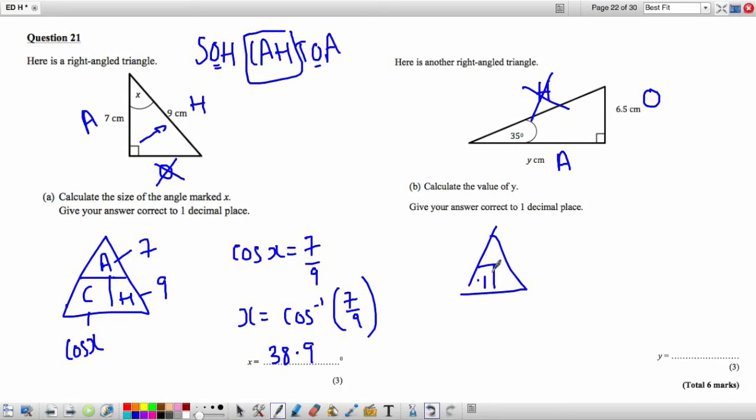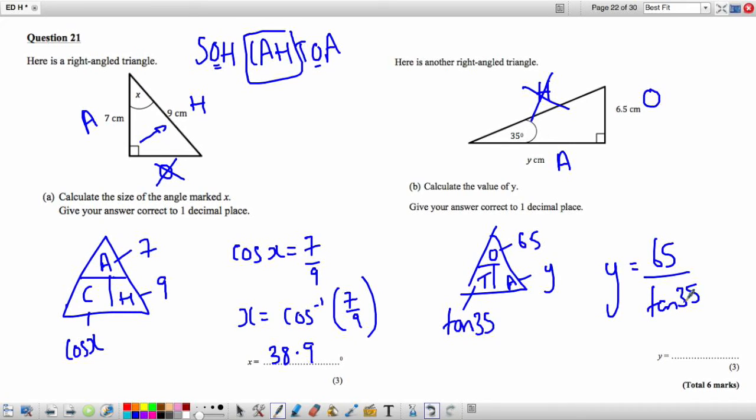Using our triangle again, TOA. O we have as 6.5. A is what we are finding. T is the angle, in this case 35. So y is equal to 6.5 divided by tan 35. Putting that into your calculator, correct to one decimal place, is 9.3.